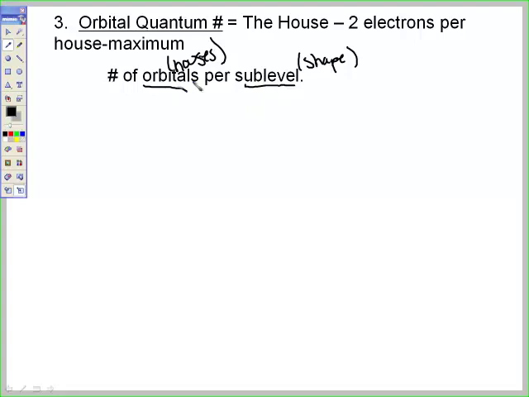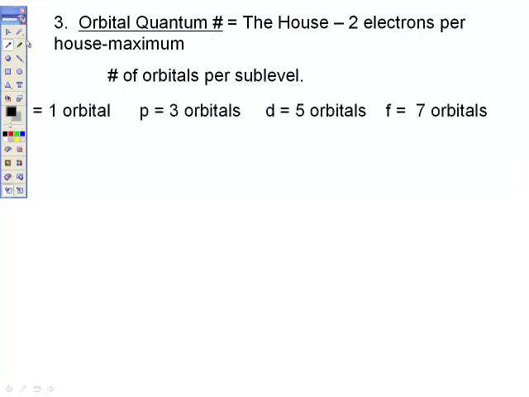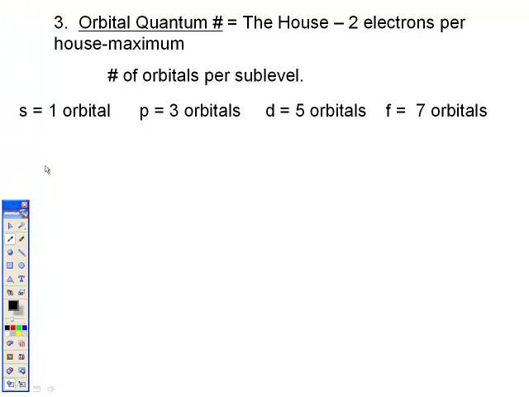So like how many electron houses are on that street. The S orbital holds 1 orbital. The P shape holds 3 orbitals. The D shape holds 5 orbitals, and the F shape holds 7 orbitals.